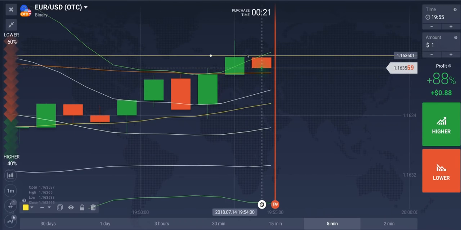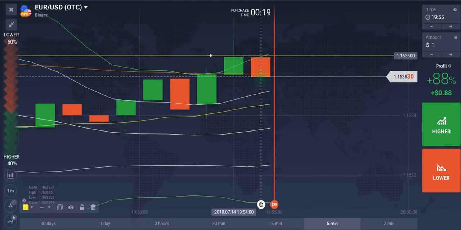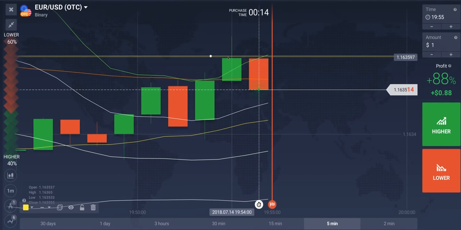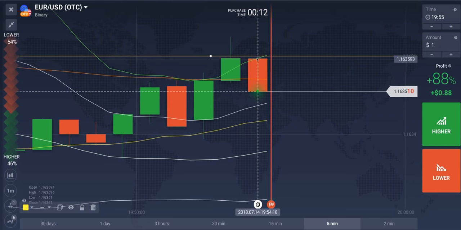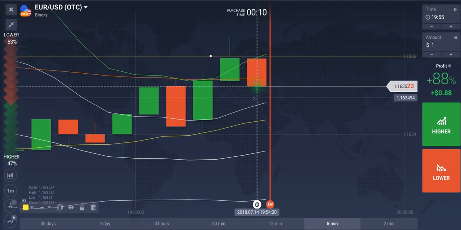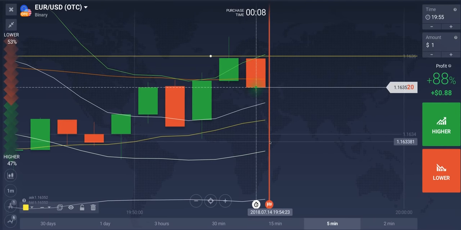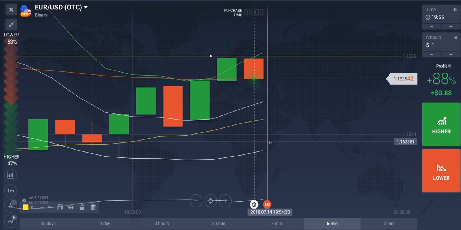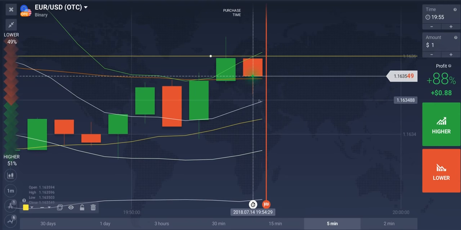Okay, so you can see the round level is respected. Market is out of the 2 BB area. This candle opens at the 2 BB, triggering sellers downwards. So we're going to just wait, and hopefully I can show you just one or two good trades. So we had a good rejection here.